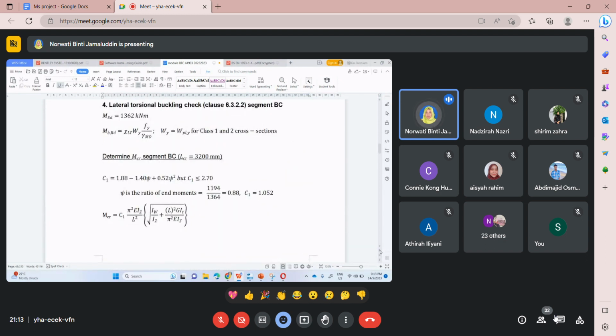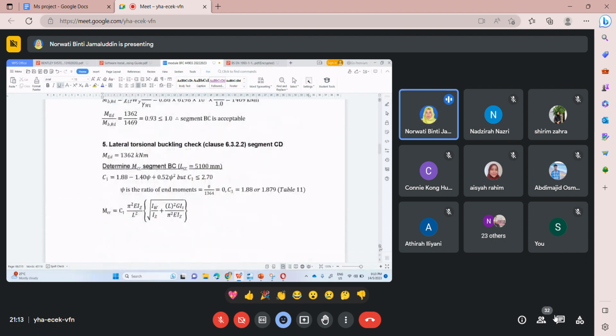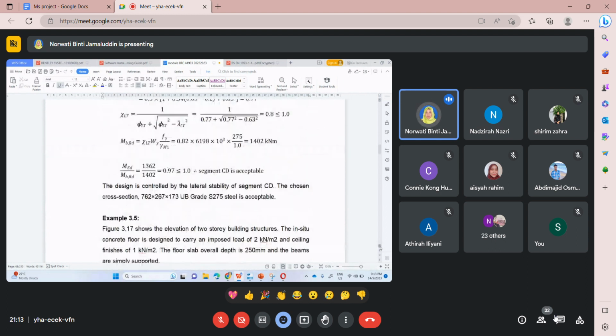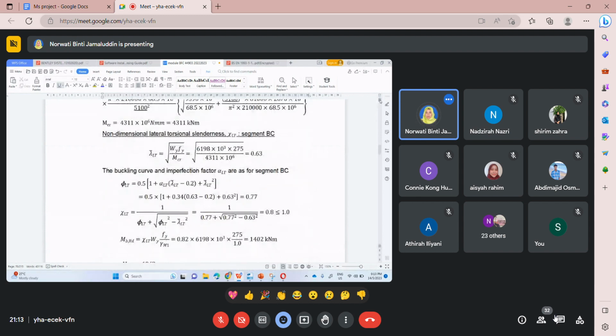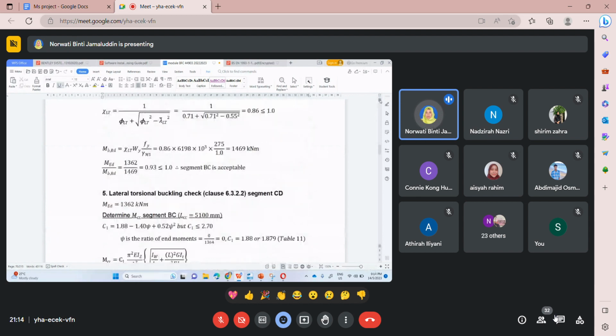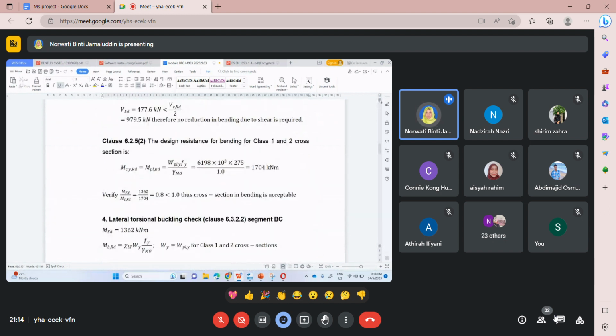This one is MBRD, what we will focus on today. You cannot avoid MCRD. Okay, you still need to perform MCRD. We do not have that checking in this example. See here, MCRD. Deflection. Still you need to carry out that.